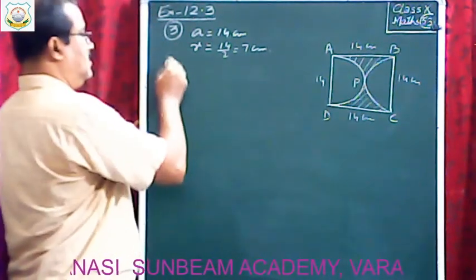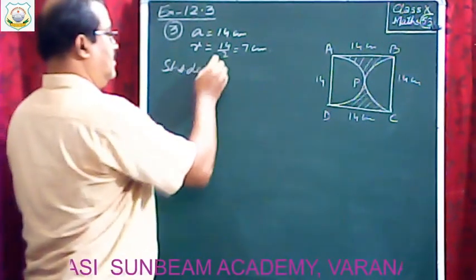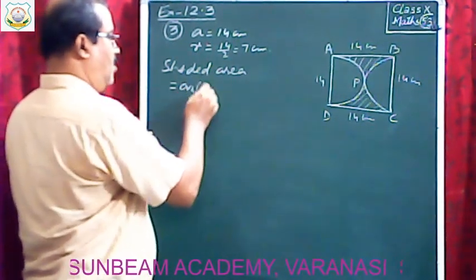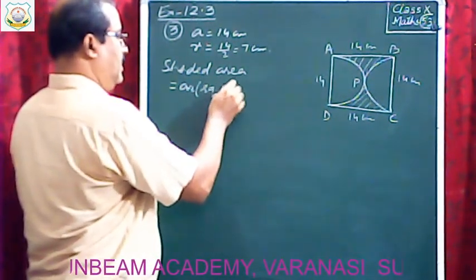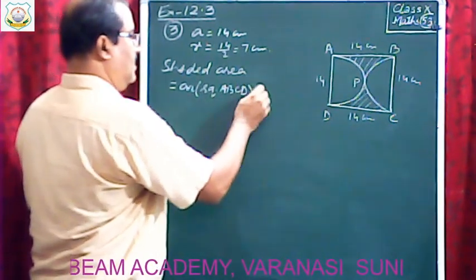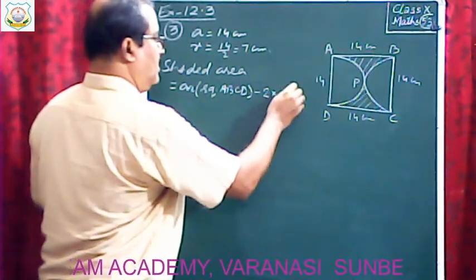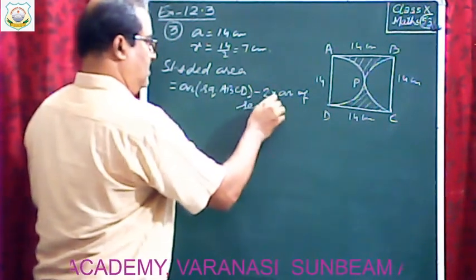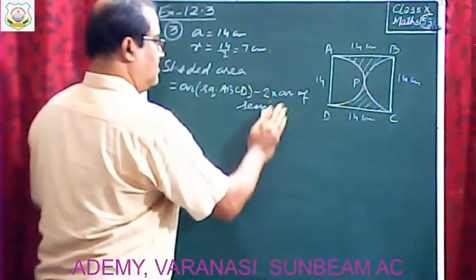Now shaded area equal to area of square ABCD minus 2 into area of semicircle.